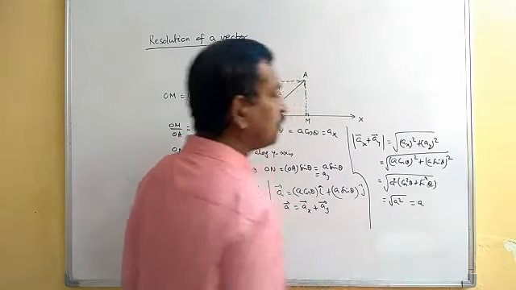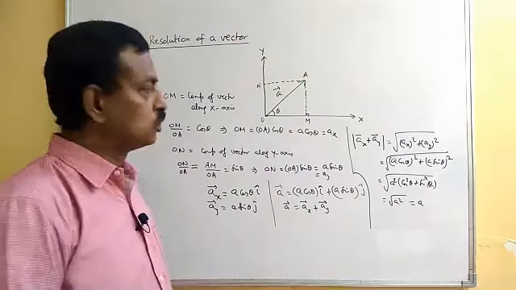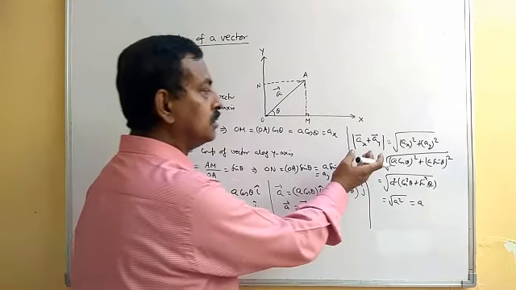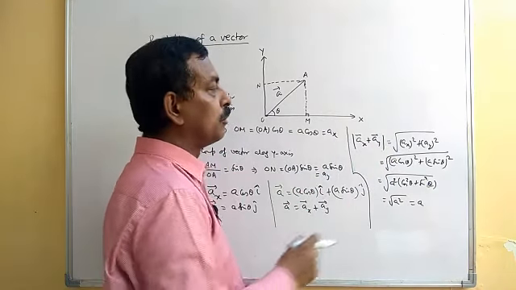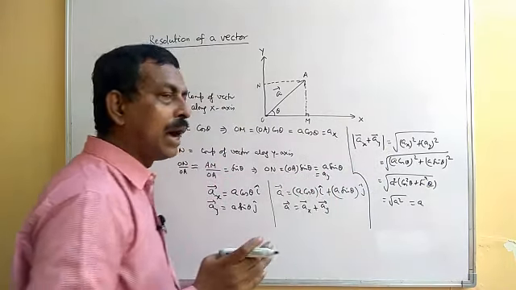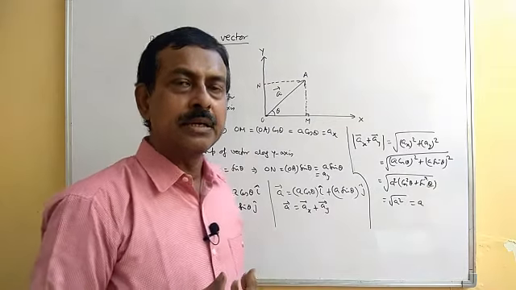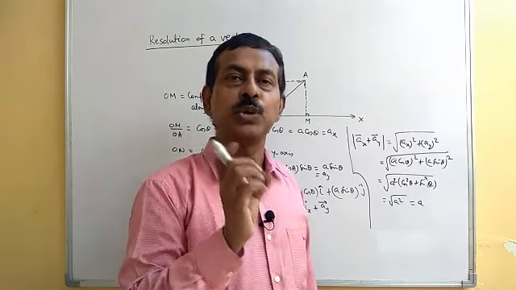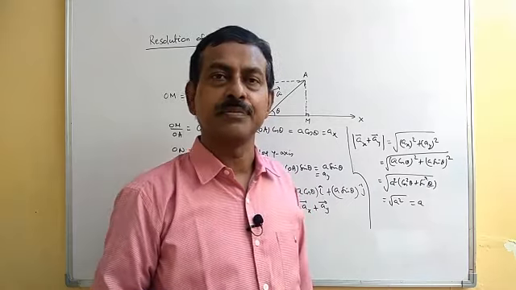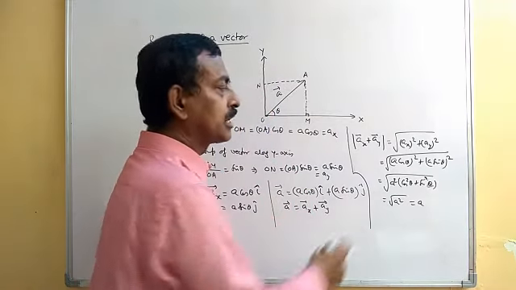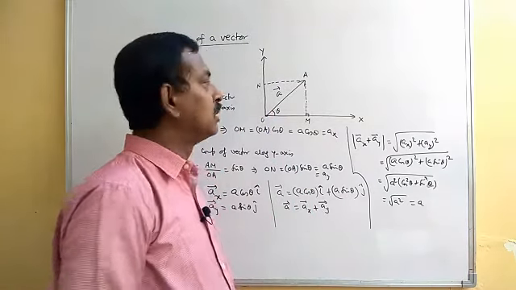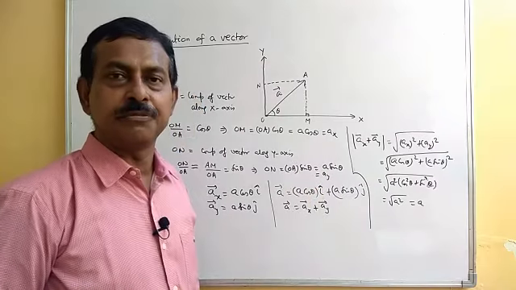So this is your A only. So we can show that this resolution is a correct one, because if the resolution is correct, it means adding the two together must give the original vector. So we have got the original vector A. So this is how you can resolve.